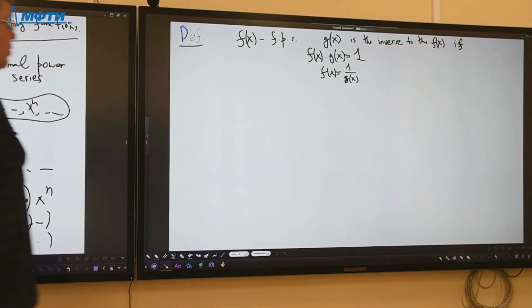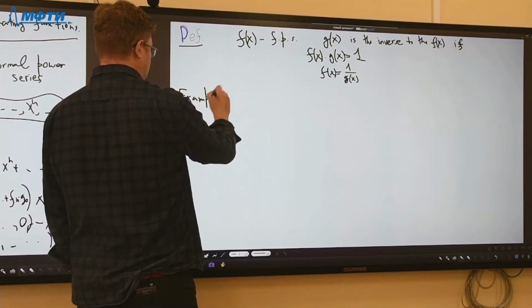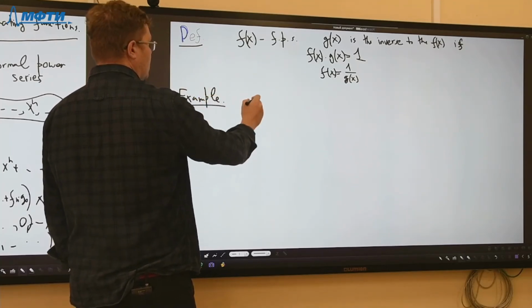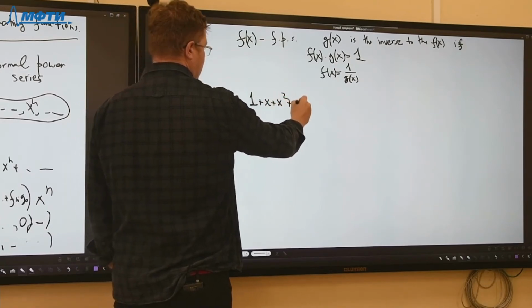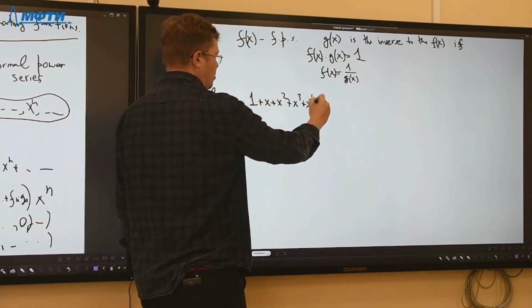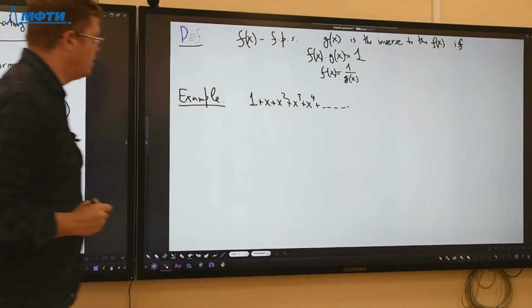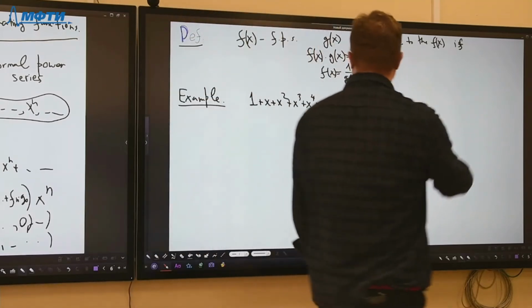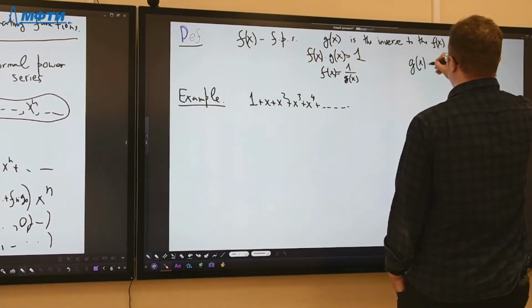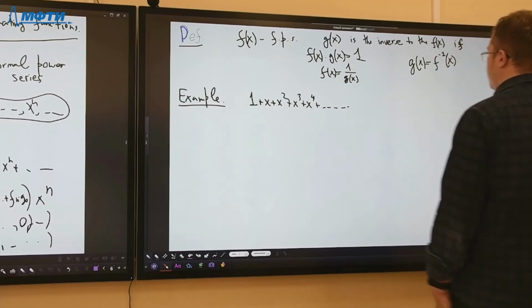So for example, let's start with a simple geometric progression. Can we find the inverse of this formal power series? Of course, the inverse is usually denoted by f to the power minus 1 of x, if it exists.